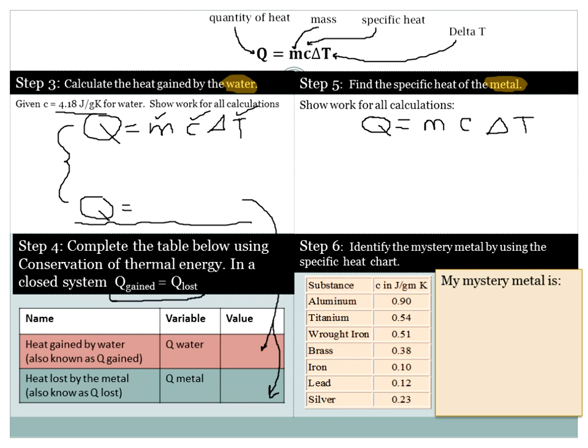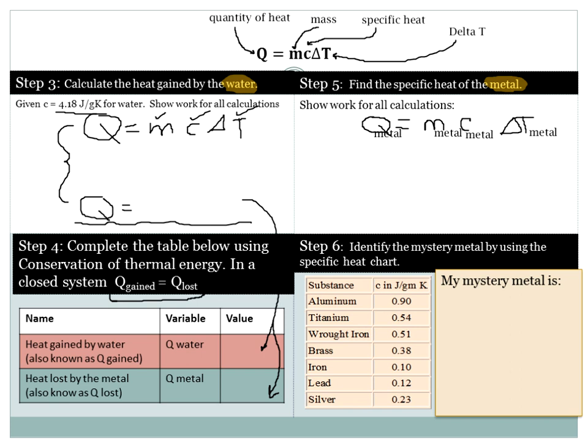So if it helps, sometimes notations are put under the variable, so we don't forget the heat of the metal, the mass of the metal, the specific heat of the metal, and the change in temperature for the metal. And then it's just a matter of finding all those numbers and looking for what we're missing.